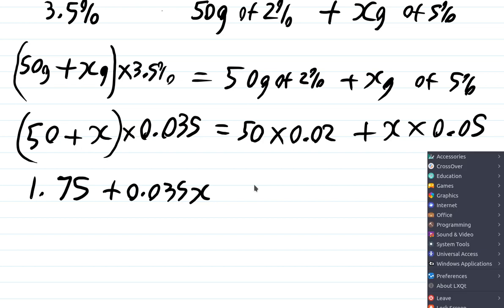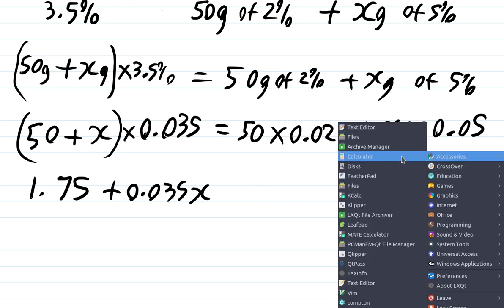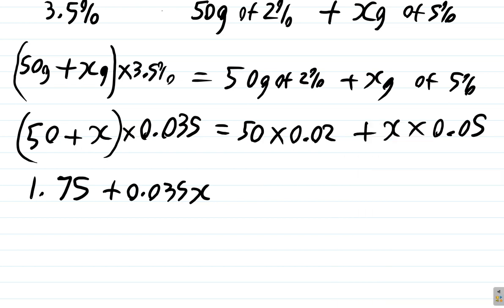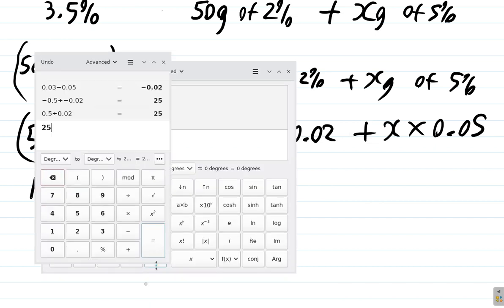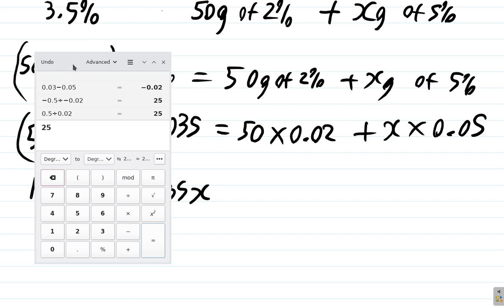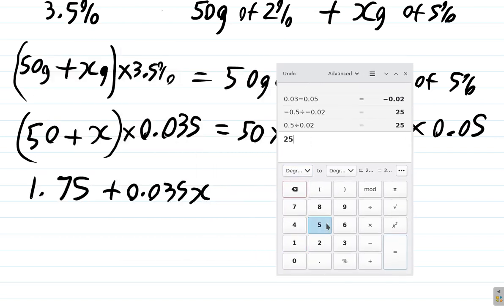And by the way, just to reassure you of the correctness of what we did, 50 times 0.035 equals, and you see the 1.75 there, right?